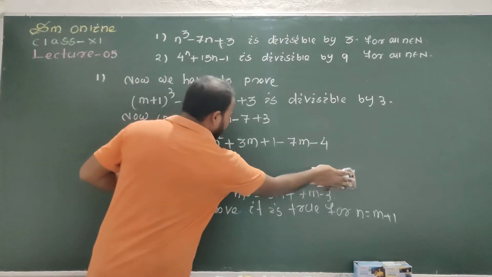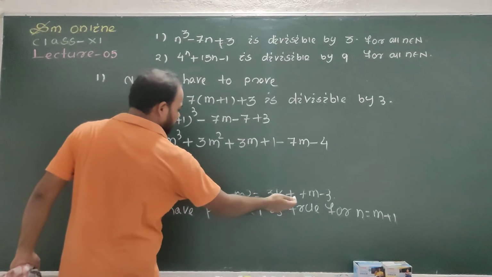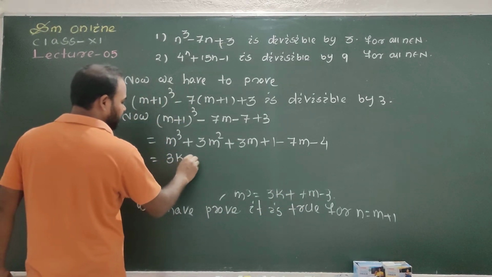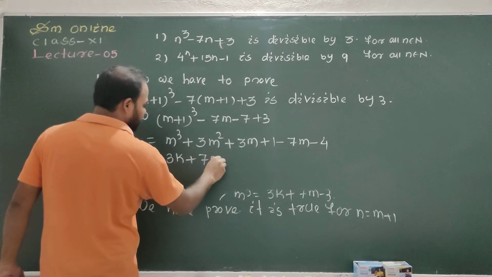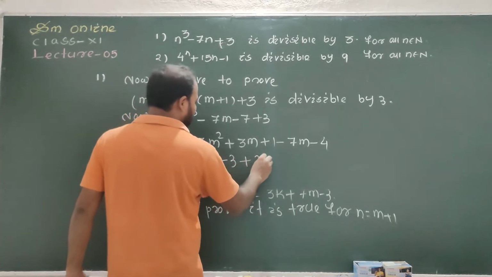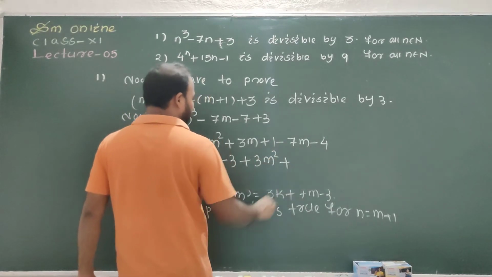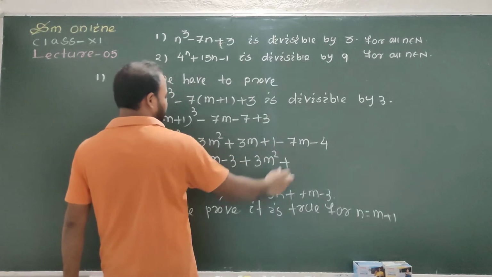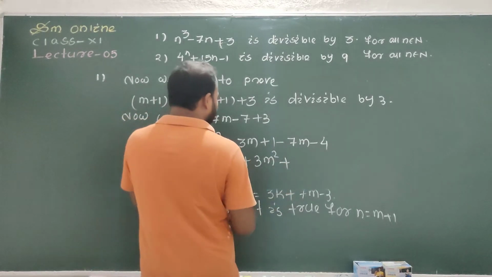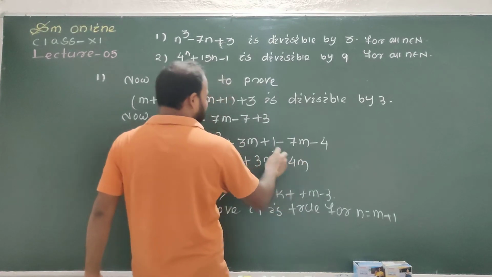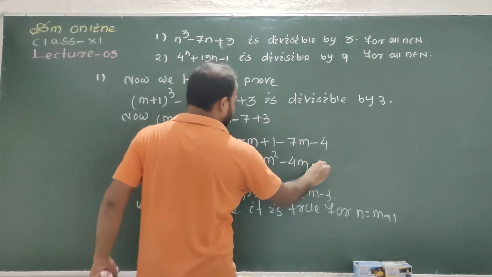And the value of m cubed is 3k plus 7m minus 3. So this is 3k plus 7m minus 3 plus 3m squared plus 3m minus 7m. 3m minus 7m is minus 4m, and 1 minus 4 is minus 3.